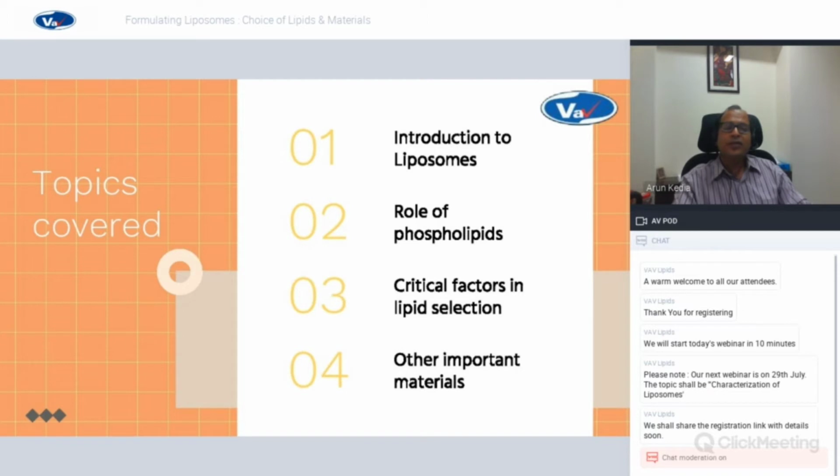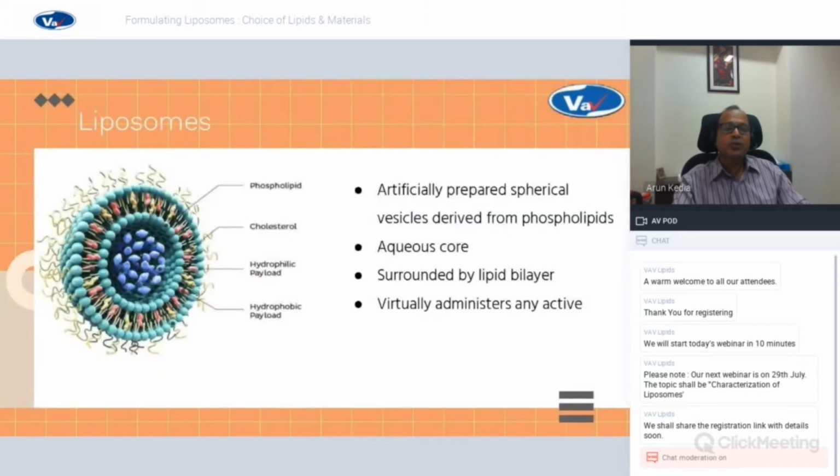So today we will quickly recap the introduction to liposomes, but this was already covered in the previous seminars, the role of phospholipids, the critical factors in lipid selection, and what other materials can have a role or impact on liposomes. So just to quickly recap, liposomes are artificially prepared spherical vesicles derived from phospholipids, can combine other lipids.